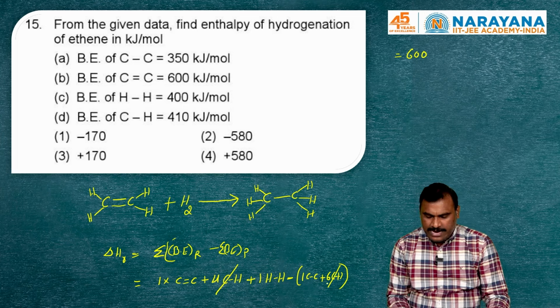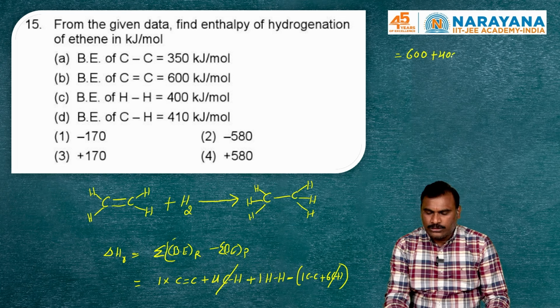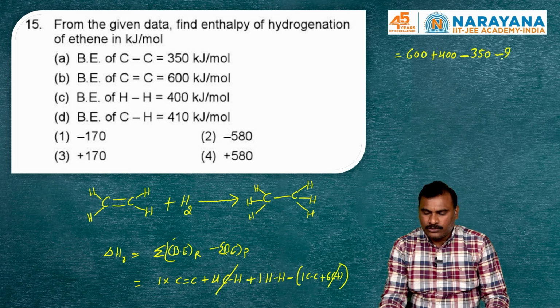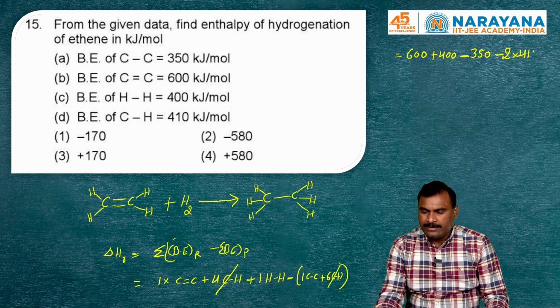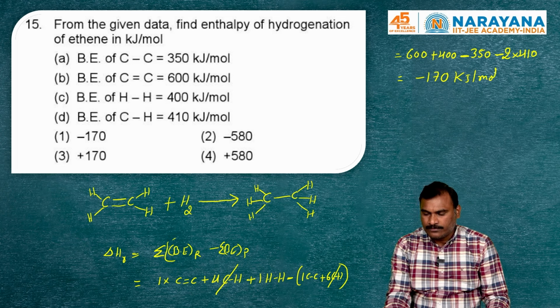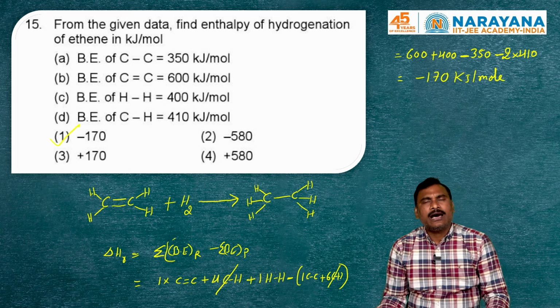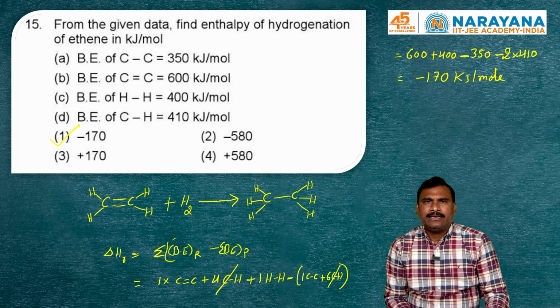Here 4 C-H and here 6 C-H, and H-H bond energy is given as 400 kilojoules per mole, minus C-C bond energy given as 350 kilojoules, minus 2 into the remaining 2 C-H bond energy, 410 kilojoules per mole. The overall answer becomes minus 170 kilojoules per mole. Therefore, the suitable answer is 1. Simply, we have to see the bond energy of reactant and the bond energy of product.